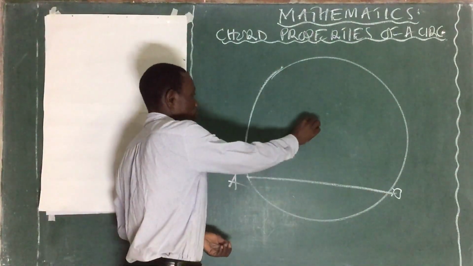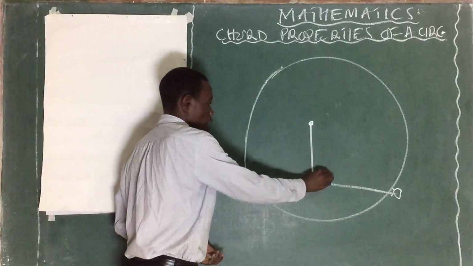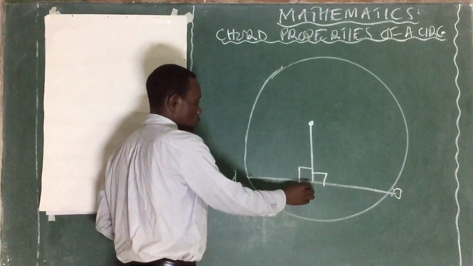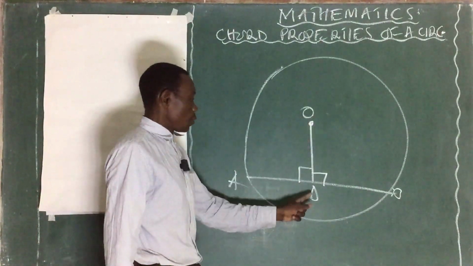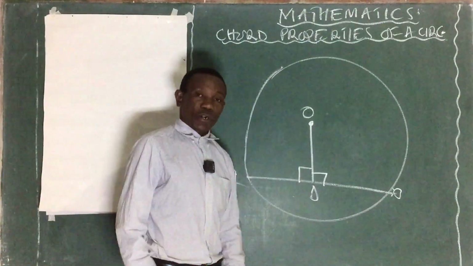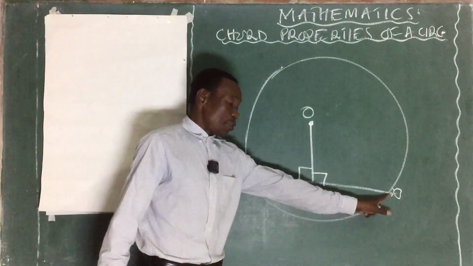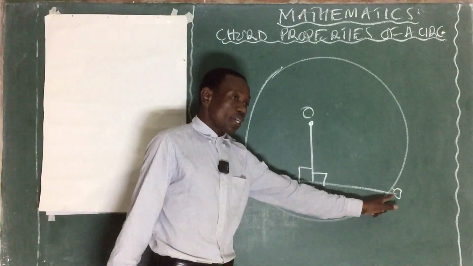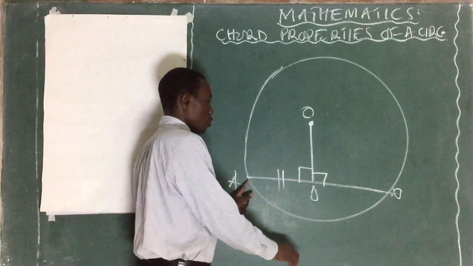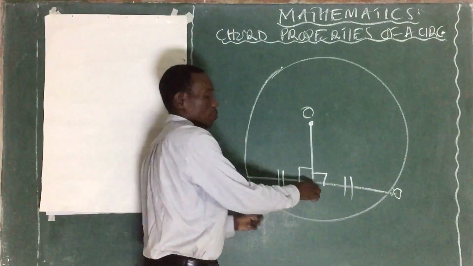We saw that if I draw a straight line from the center to the chord, as far as this line is perpendicular to the chord, like O to D, this line OD is perpendicular to AB, this line bisects the chord AB. That means that if OD is perpendicular to AB, line AD should be equal to line BD.